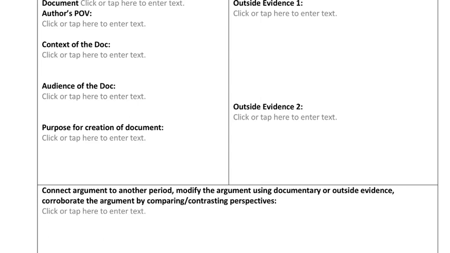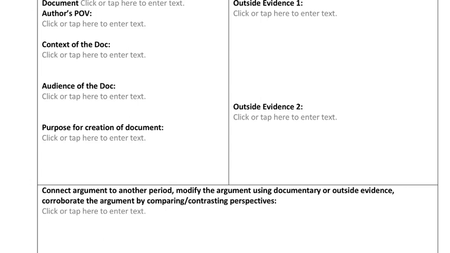The last portion of the body paragraphs, you're going to be doing 3 of these, is where you're connecting the argument to another period of time, using documentary or outside evidence, and corroborating or disagreeing with an argument perhaps made in one of these documents. So this is, again, what that sample DBQ did so very well: at the end of each paragraph, the student usually argued, either made an argument supporting the documents provided or argued against the documents provided.